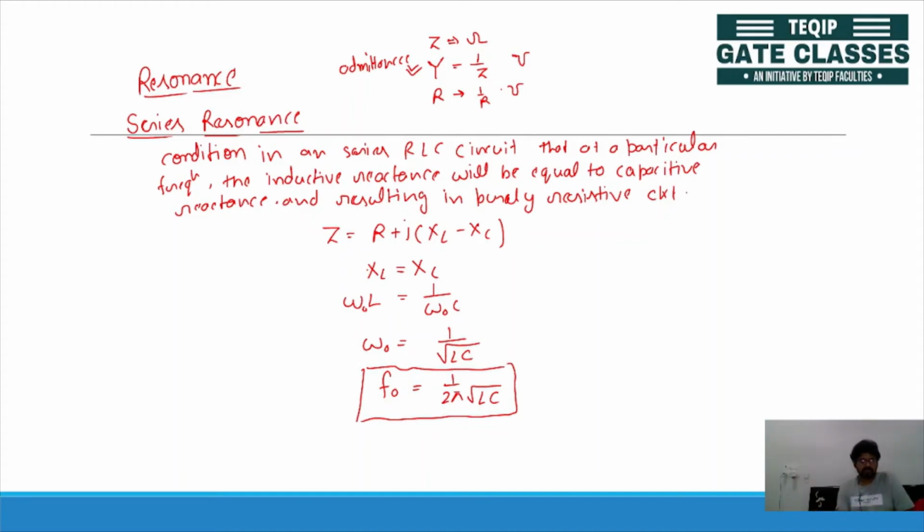Okay, so what will happen if resonance is there in your circuit? Let's discuss them. First point, at resonating condition the circuit will be purely resistive.